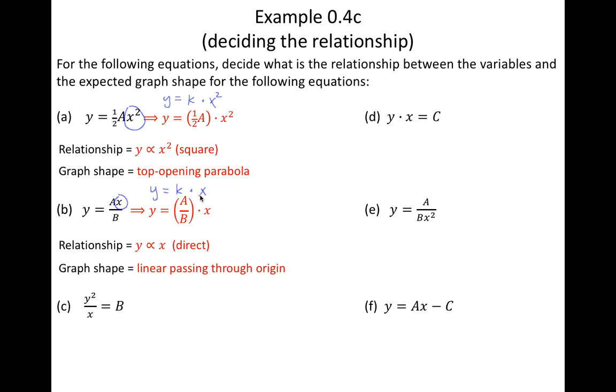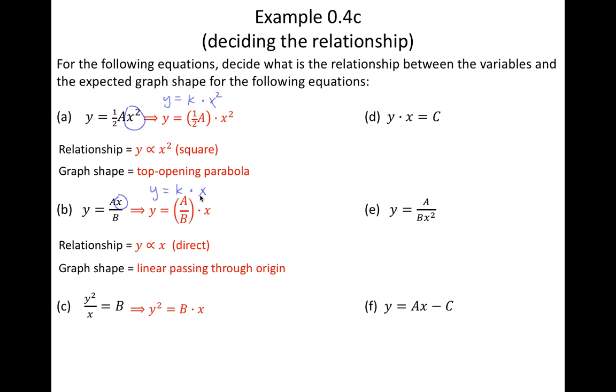In part C, you should notice that we have a ratio of y squared to x, and that's equal to a constant. Whenever we have a ratio equal to a constant, that implies that the numerator is proportional to the denominator. So here this is going to suggest that y squared is proportional to x.